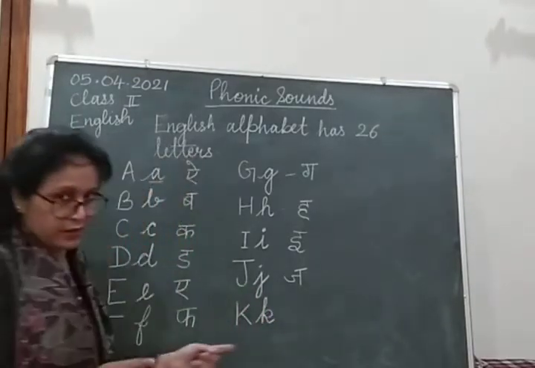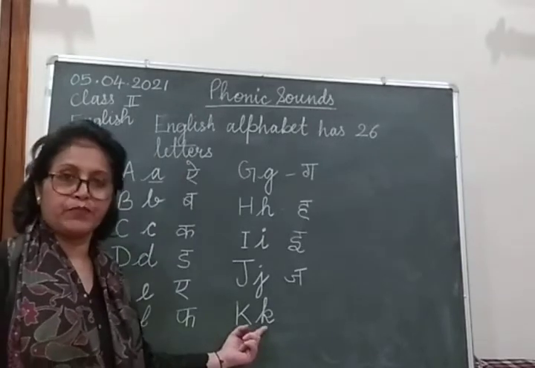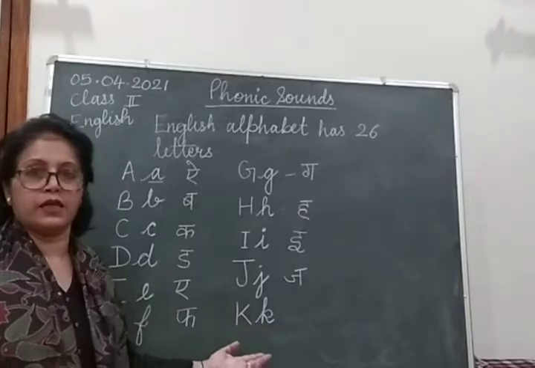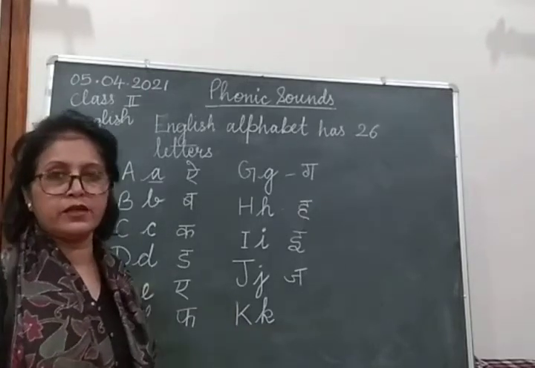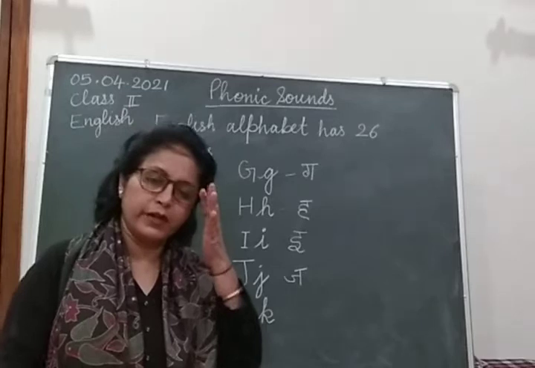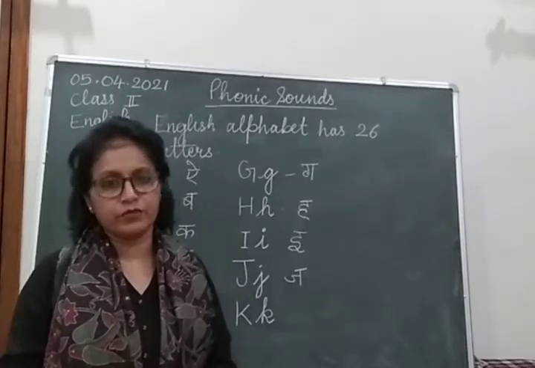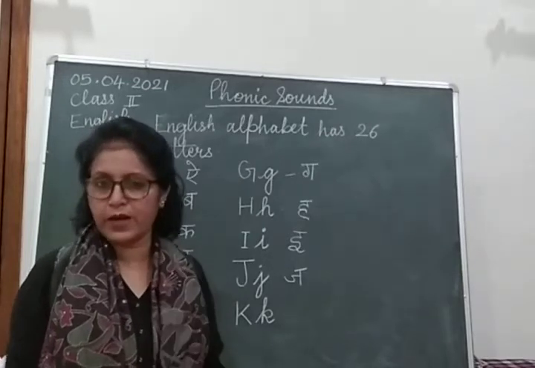This is not R, this is cursive K. Cursive K. We call it K. This you know because you have studied letters of the English alphabet in your lower KG, in your upper KG. You have revised it in your grade 1.